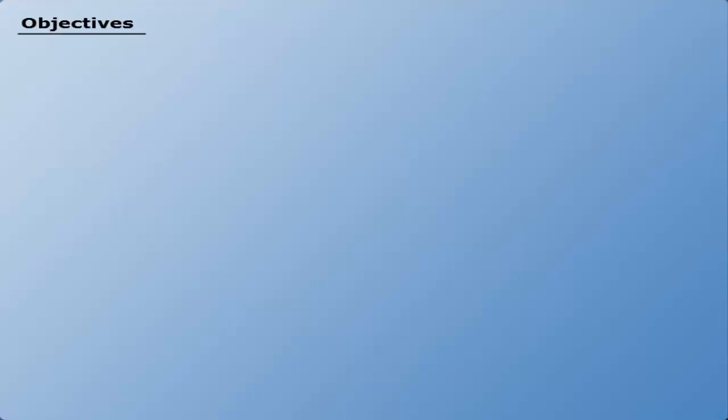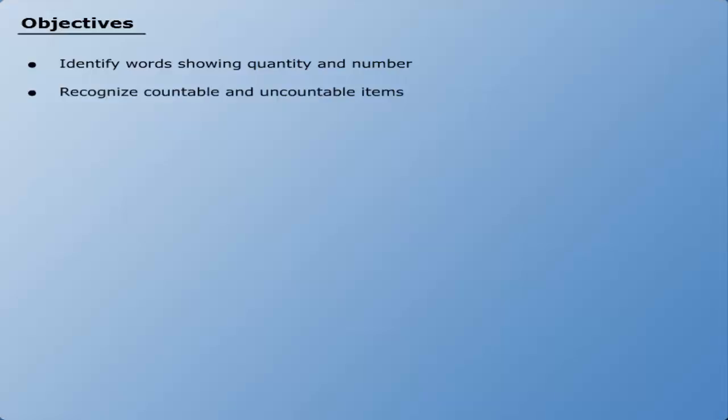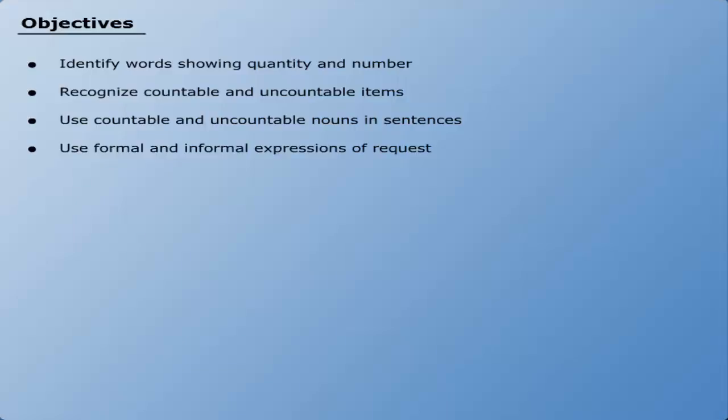After going through this unit, talking about shopping, you will be able to identify words showing quantity and number, recognize countable and uncountable items, use countable and uncountable nouns in sentences, use formal and informal expressions of request.